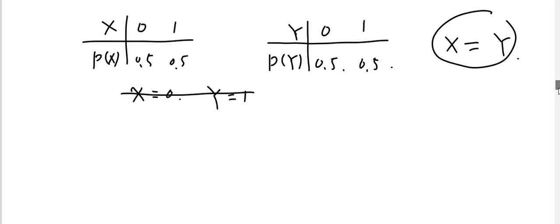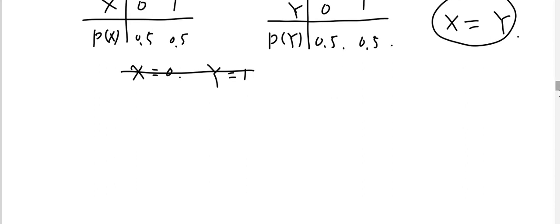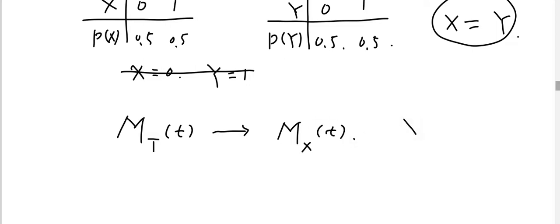Then the basic idea is we want to prove the moment generating function for T will equal or be close to the moment generating function for X, where this X is normal, following some normal distribution with mean mu and variance sigma squared.